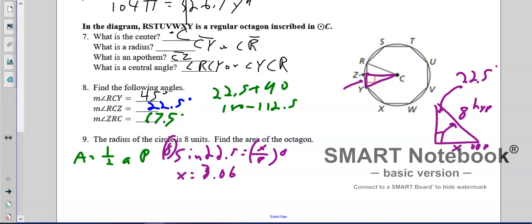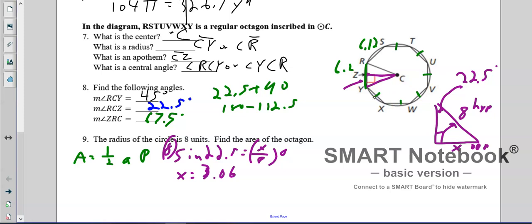Now remember, that's just this piece right here, which means that this line right here is 3.06 doubled, which is 6.12. So each of these pieces, the edges of the octagon, I'm not going to go all the way around, are all 6.12.